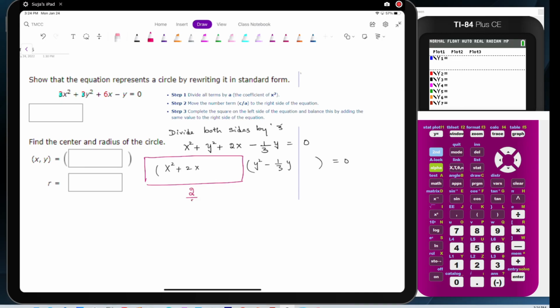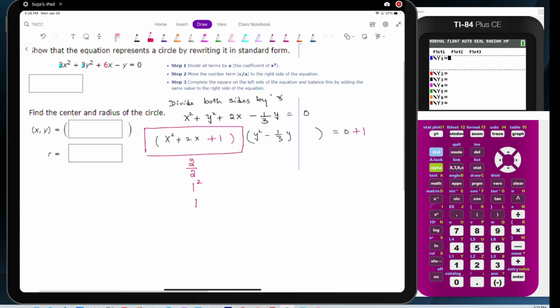Take half of that and square it and add this 1 to both sides of the equation. Okay, now if you do this process, then this x squared plus 2x plus 1 is going to be a perfect square, which is x plus 1 the whole square.